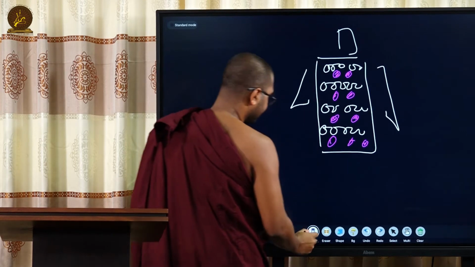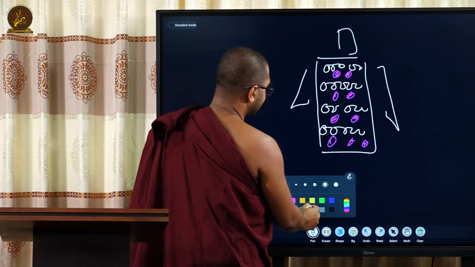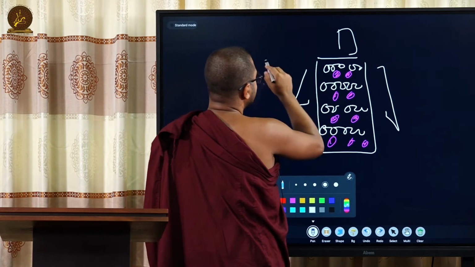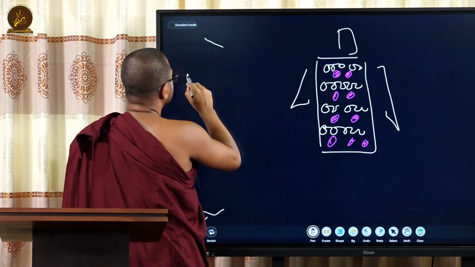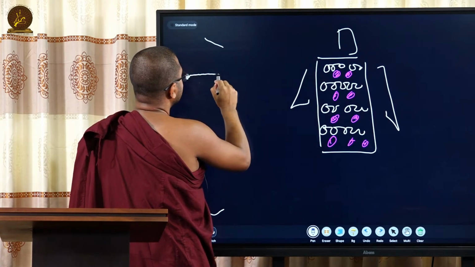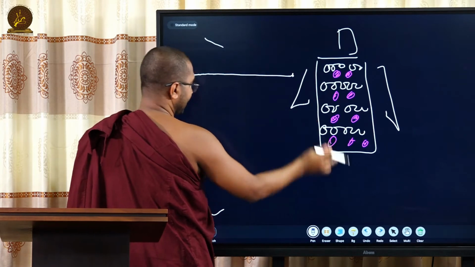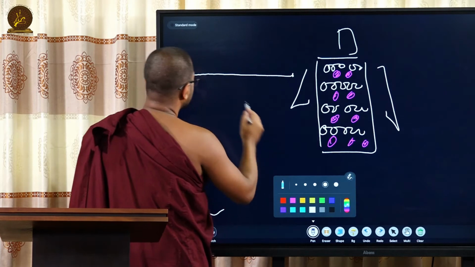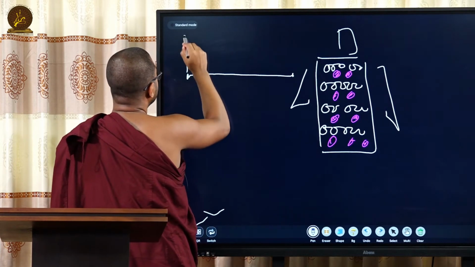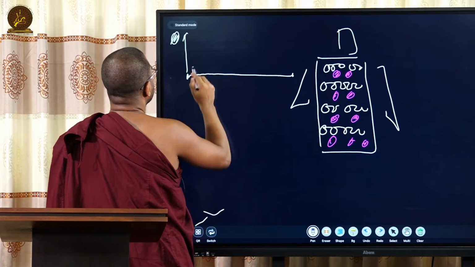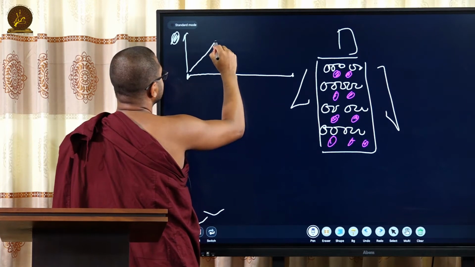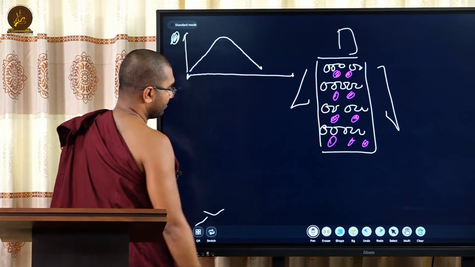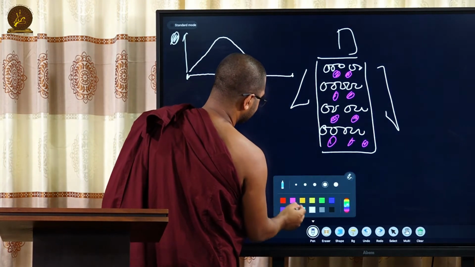According to the tradition, these Kalapas, at a young age, after birth, at a certain level... if this is our lifespan, at a certain age the strength of the Kalapa increases, and then it starts to decrease. What is the reason? Who is responsible for this?